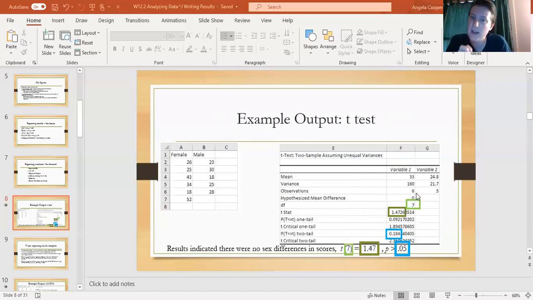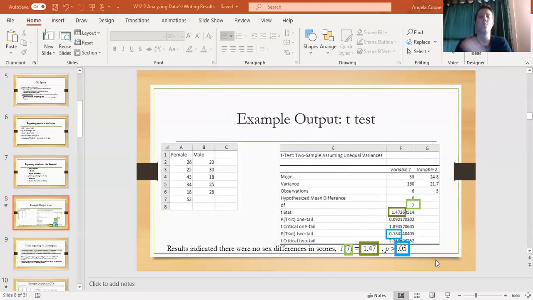So when you have your readout, you're going to have numbers here of, oh, the degrees of freedom is 7. The t-stat, because this is a t-test, this is a two-sample assuming unequal variances test, so that's basically independent. Your t-stat is 1.47. For your p, you want to look in the two-tailed section of p, and that gives you your p-value.